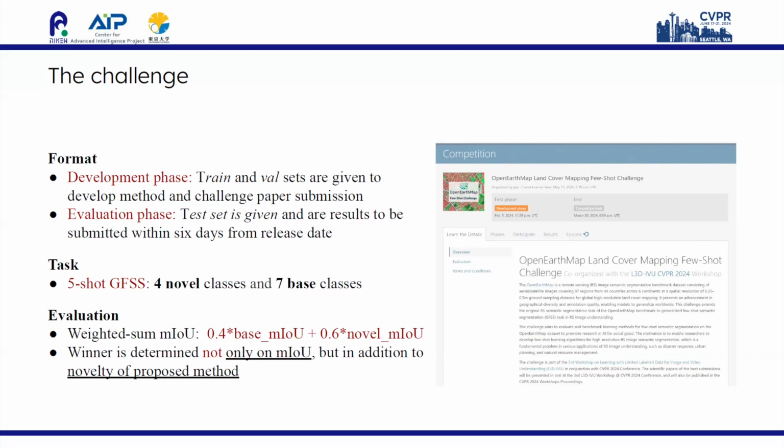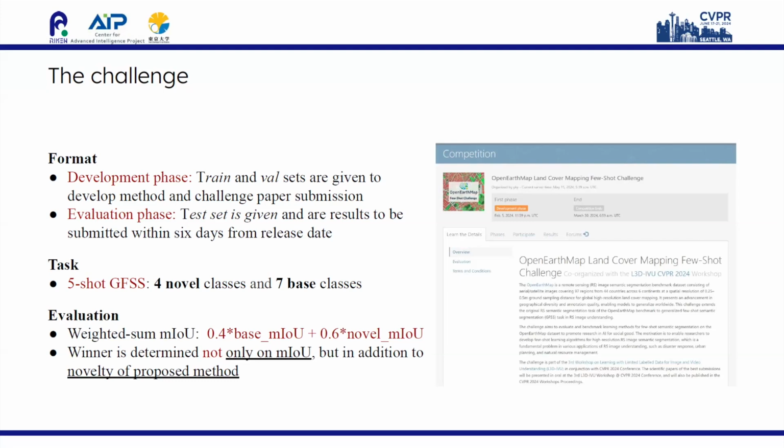For the evaluation stage, the same setup was given. But for a participant to get into the evaluation stage, they had to submit a paper on their idea, because the challenge wasn't based only on the performance of your idea or the leaderboard. We need a paper to demonstrate that at least your idea is novel and feasible.